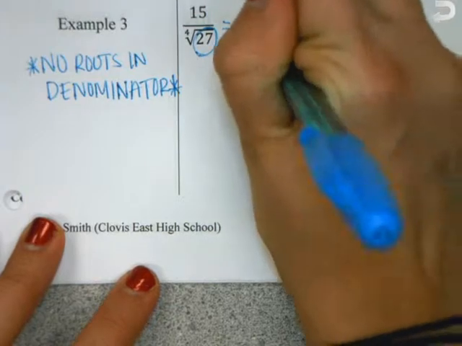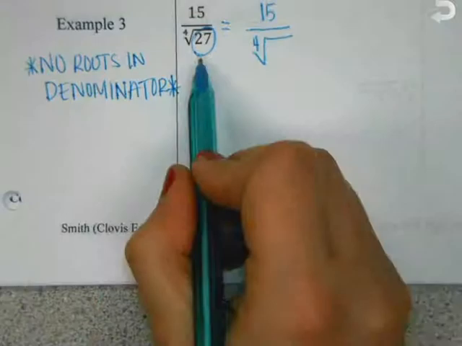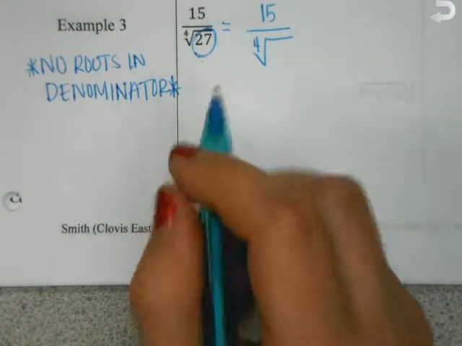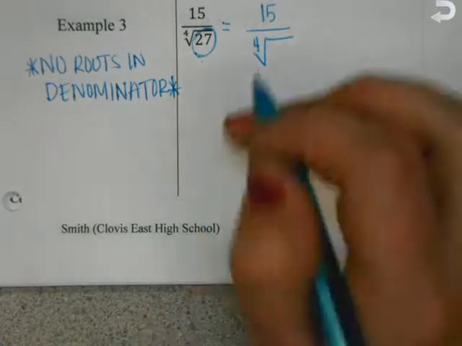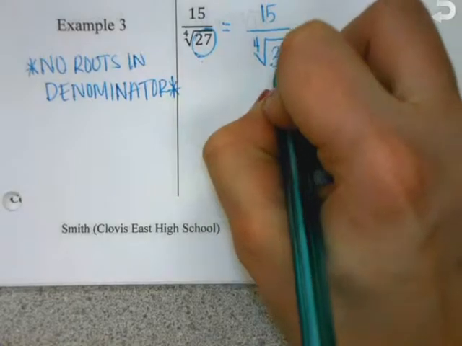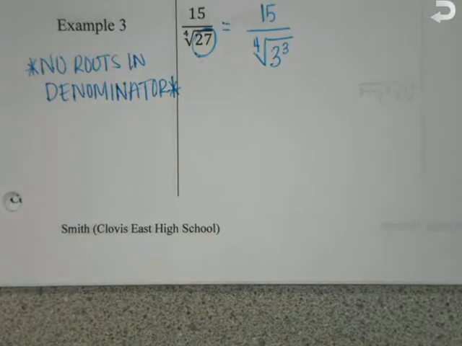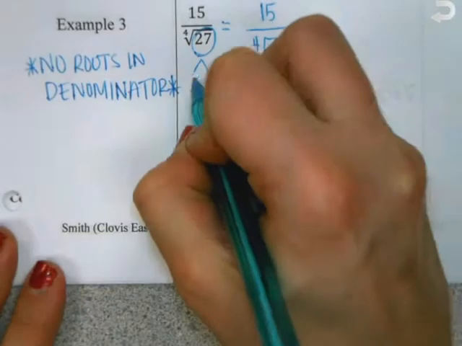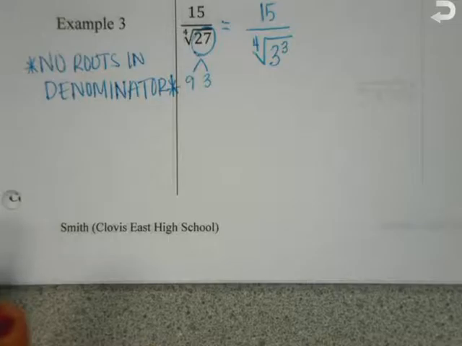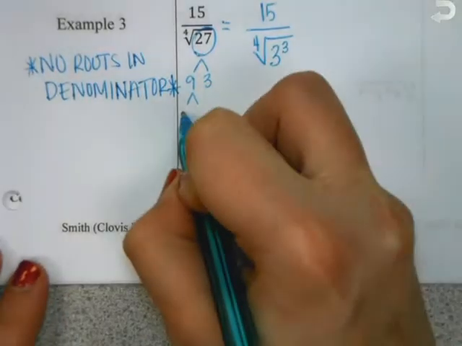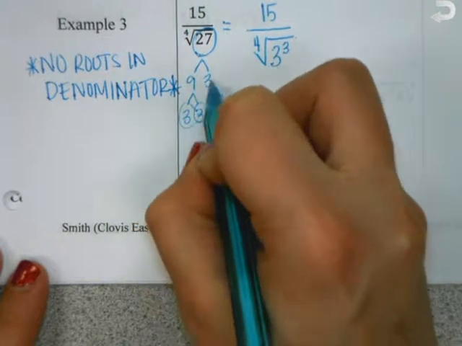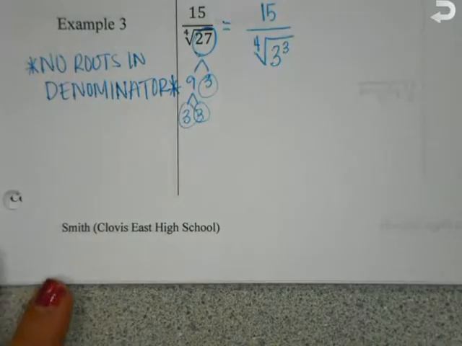How can I write 27 in terms of prime exponents? 3 to the what power? 3 to the third power, right? How could I figure that out? We could break 27 down to 9 and 3, and 9 breaks down even more to 3 and 3. So we have 1, 2, 3 threes in there. So this is 3 to the third. Is everybody okay with that?